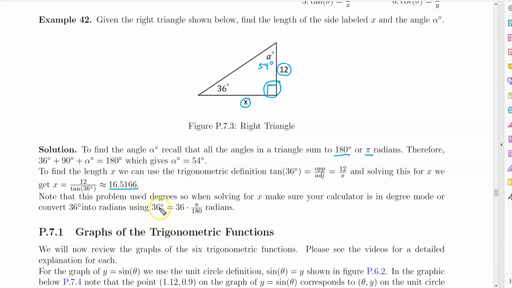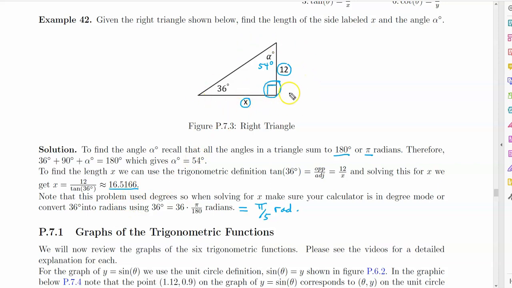And 36 degrees is 36 times pi over 180 radians, and 36 divided by 180 is 1/5, so this is actually pi over 5 radians. So you could evaluate x as 12 divided by the tangent of pi over 5 radians, and you'll still get 16.5166.